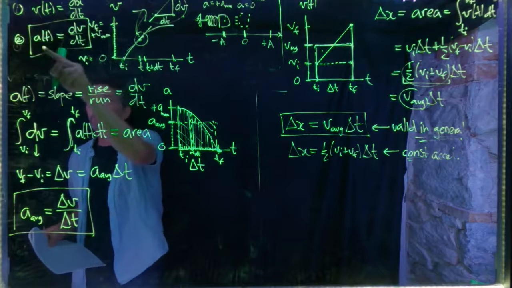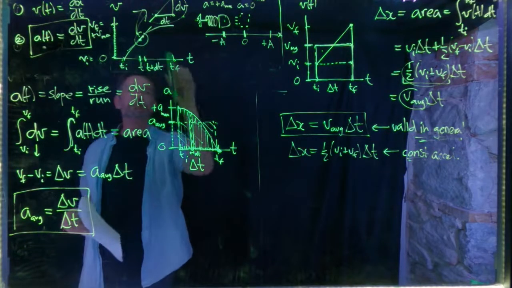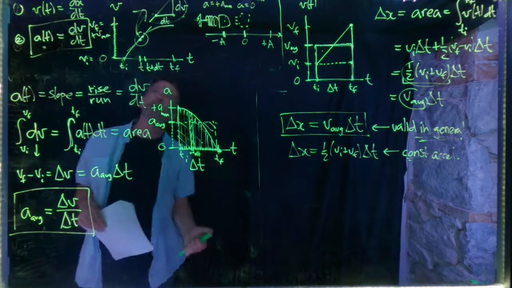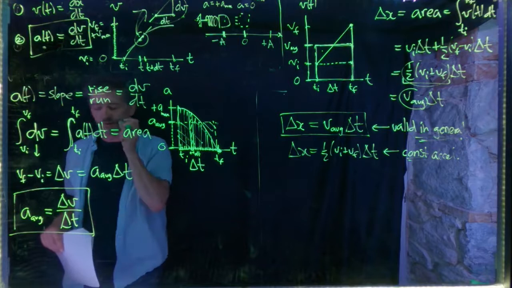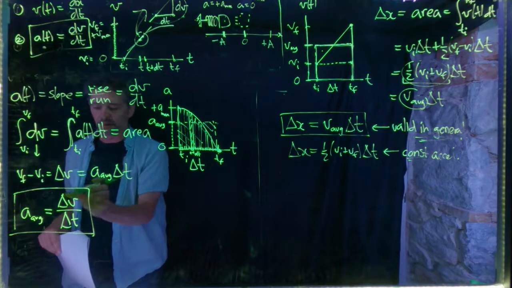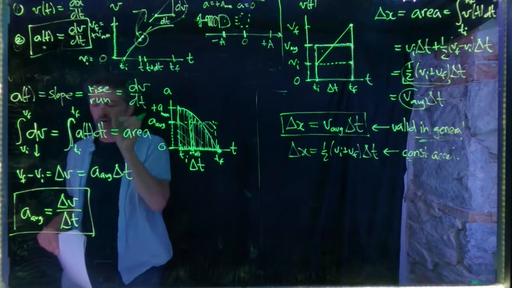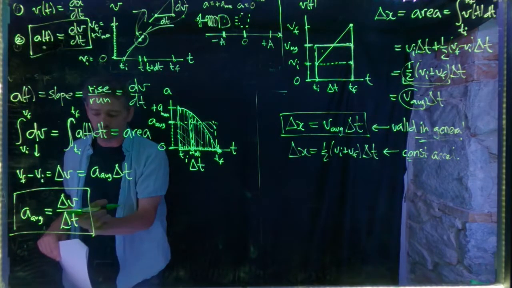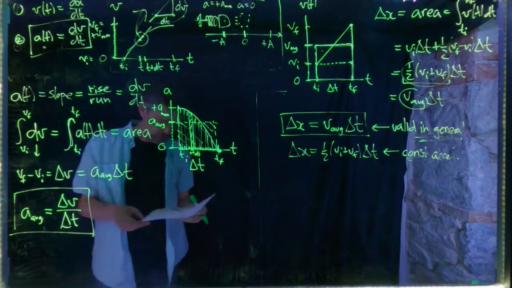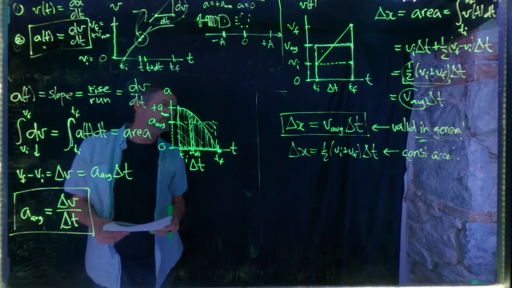The instantaneous acceleration is the instantaneous slope of the velocity versus time curve, an infinitesimal change in velocity over infinitesimal change in time, whereas the average acceleration is the finite change in velocity over the corresponding finite change in time.